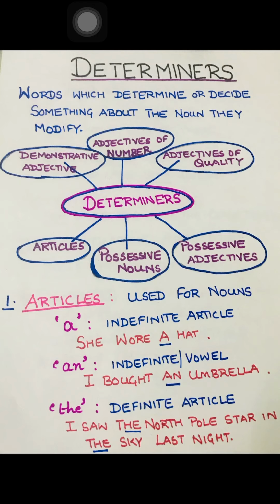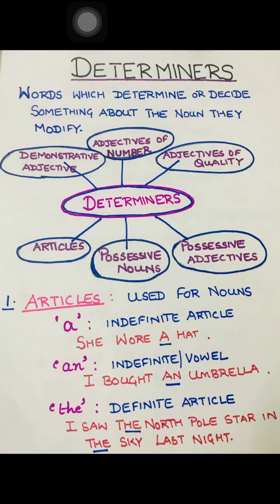A specific star has been pointed out among the millions, and that is why we will use the article the here. That means when the noun is specific, as has been used in the sentence, the North Star, right?